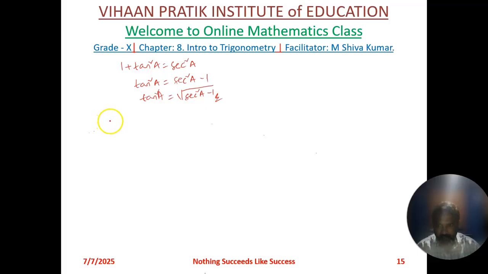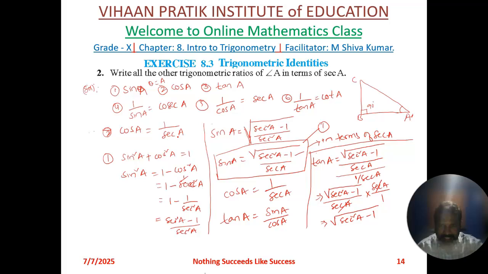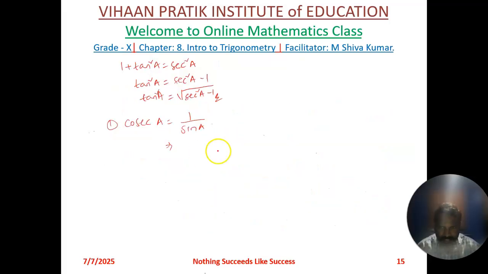Now cosecant. Cosecant A is the reciprocal, 1 by sine A. Already we derived the value of sine A: square root of secant square A minus 1 divided by secant A. So the reciprocal of it is secant A divided by square root of secant square A minus 1.